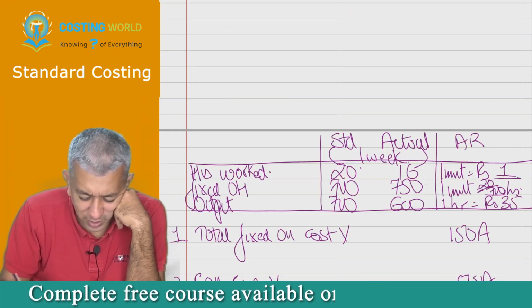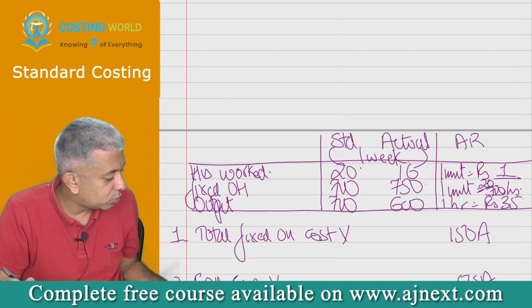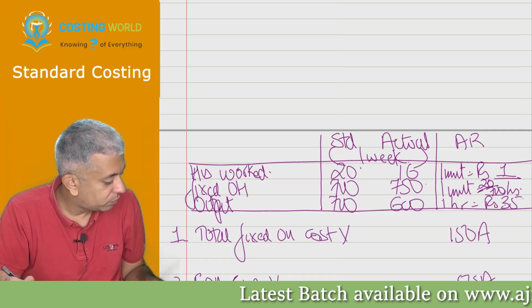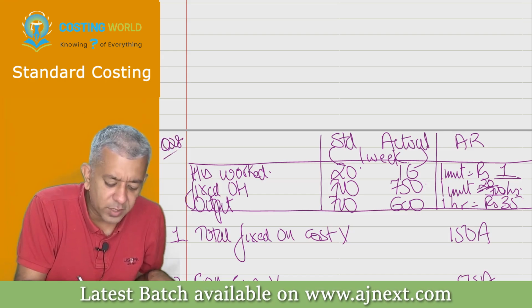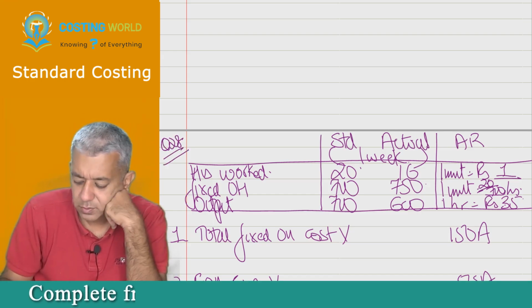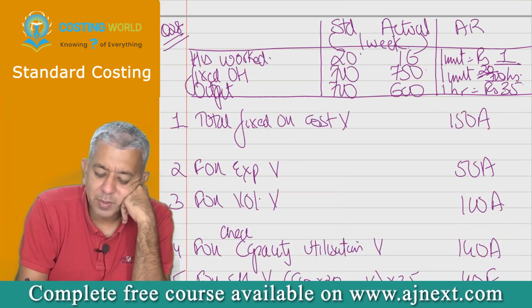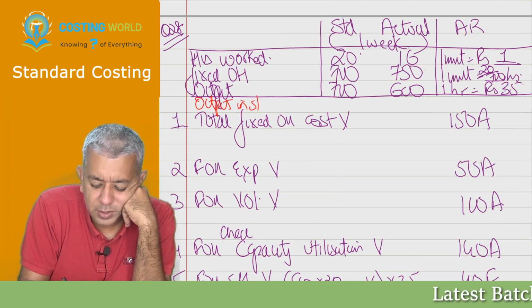Do you have place below this particular question? This was question number 28. You all can fit in a line over here. Is that fine? Okay, so write down over here output in standard hours.